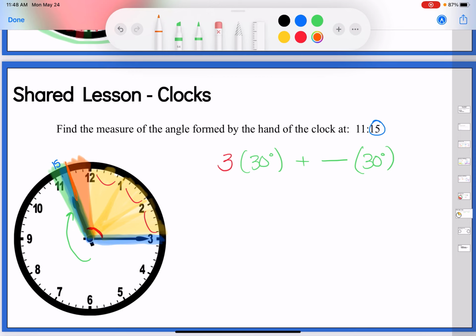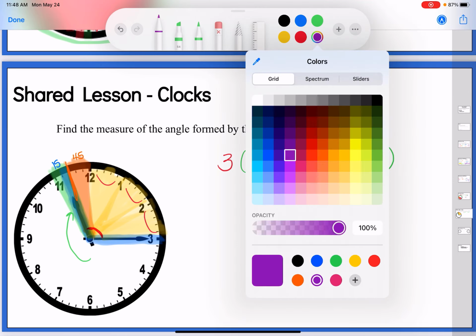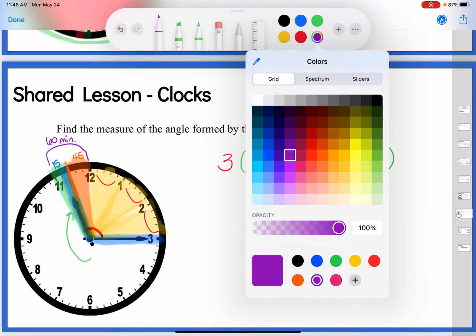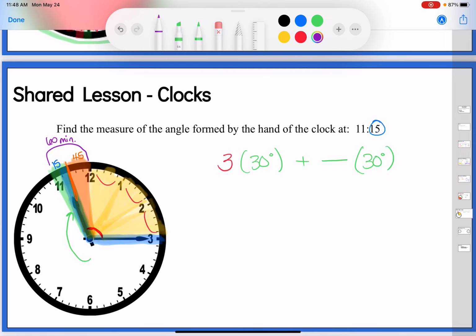And then this would be 45 minutes before it'll get to the 12, because that whole section is 60 minutes. It's gone 15 minutes past. So it took 15 minutes to get to where it is. That means there's 45 minutes left before it'll get to the 12. Now, which one of these sections do I want this time? I want this section.